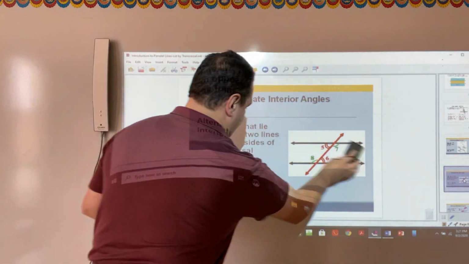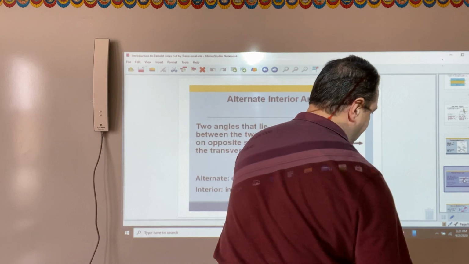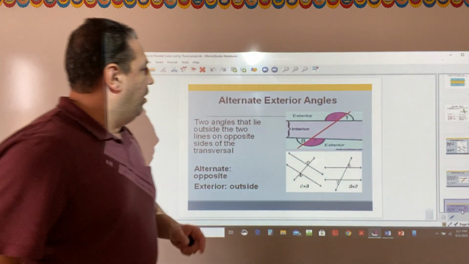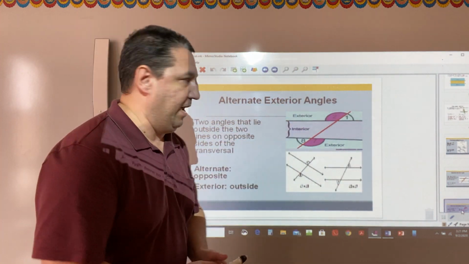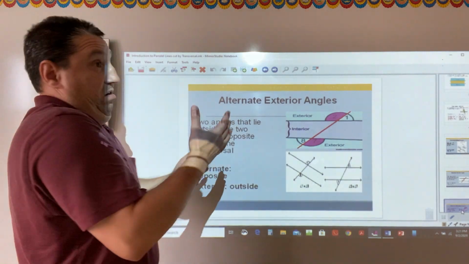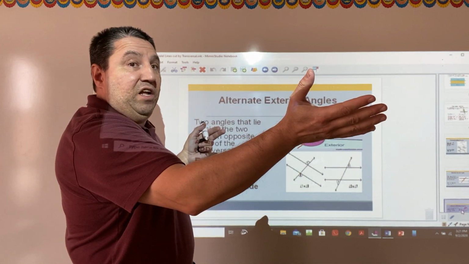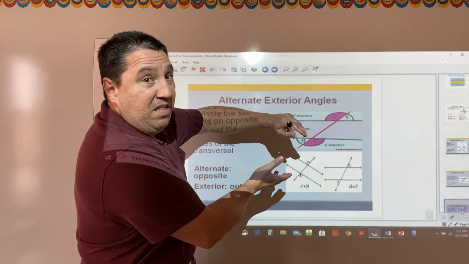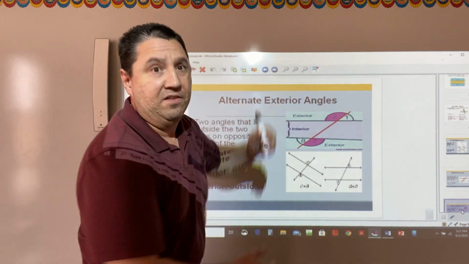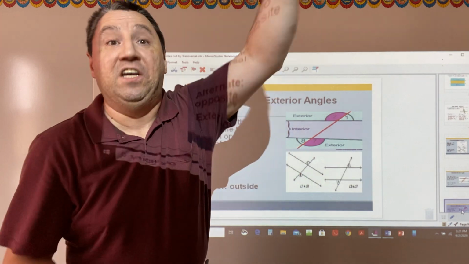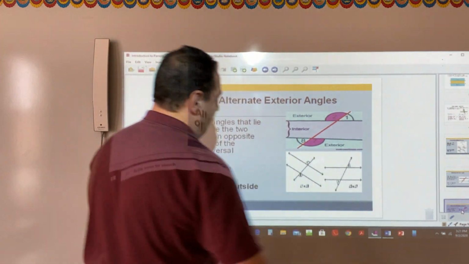Another type of angles, as I said, are alternate exterior angles. Alternate means opposite sides of the transversal, but this time they are located outside the parallel lines, exterior, right?